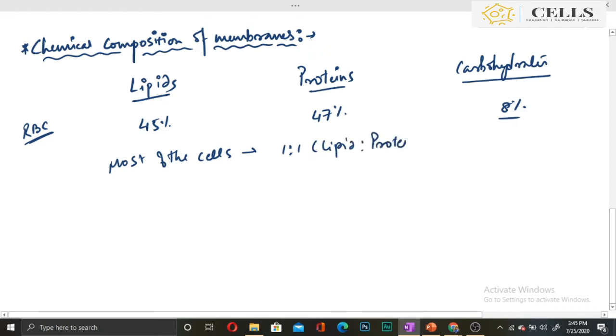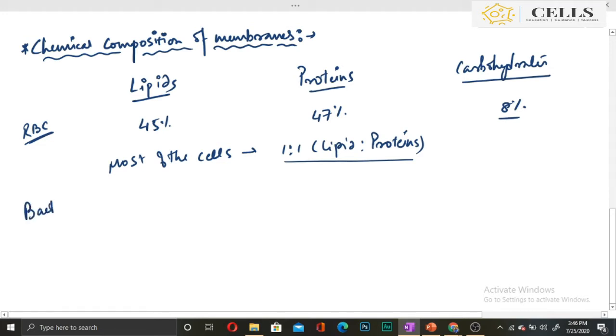Then interviewers will ask another question: which kind of cell has a lesser amount of lipids and a higher amount of proteins? Why is there a difference in the ratio? Yes, I'll tell you, don't worry. Most cells have this 1:1 ratio. Now why?